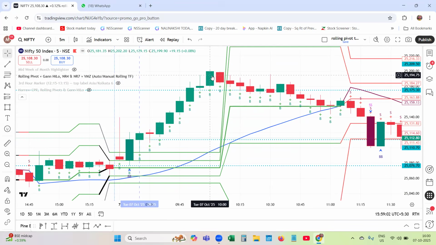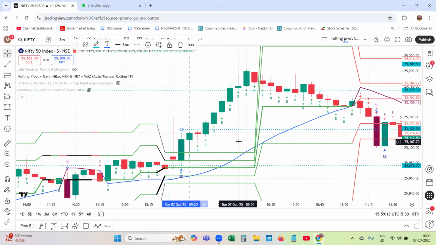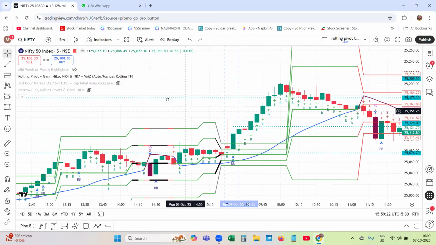You can see over here, you could have cashed in a very good amount if you would have been in a 25,000 call option or 25,100 call option also. It would have given you very good money. See, don't make this mistake.